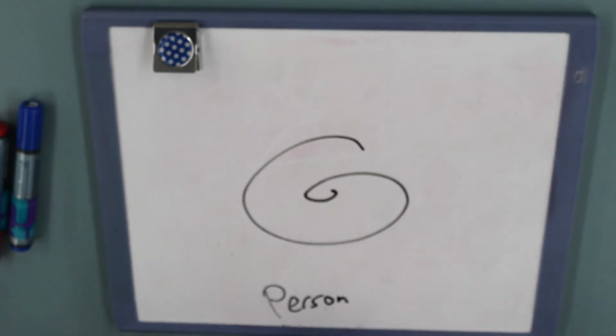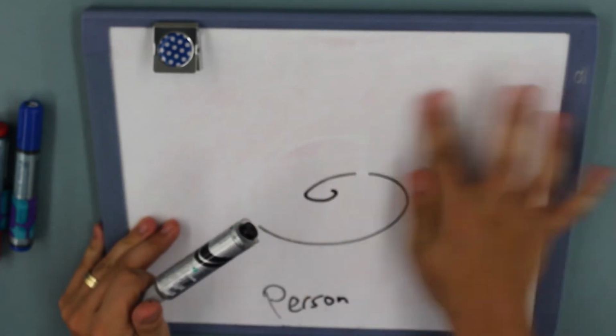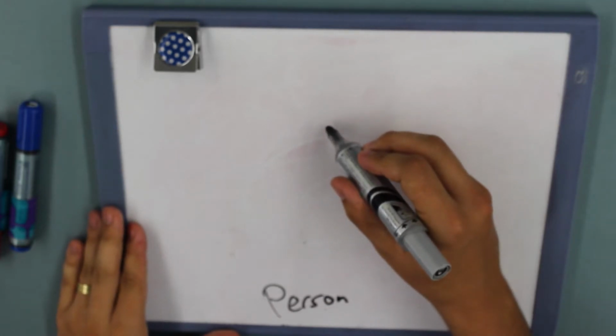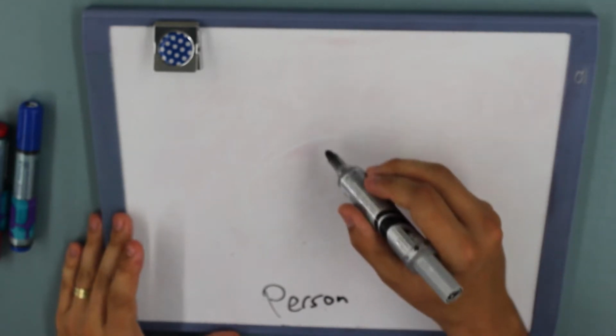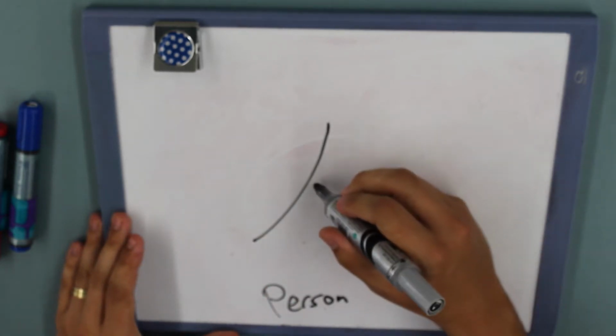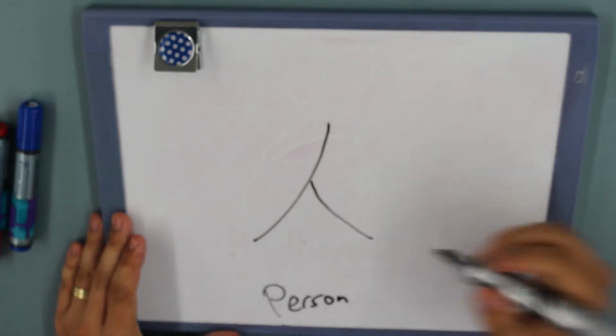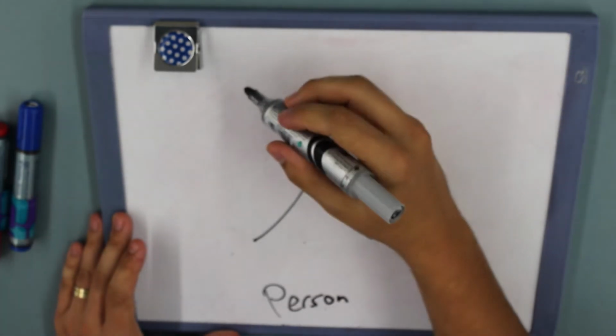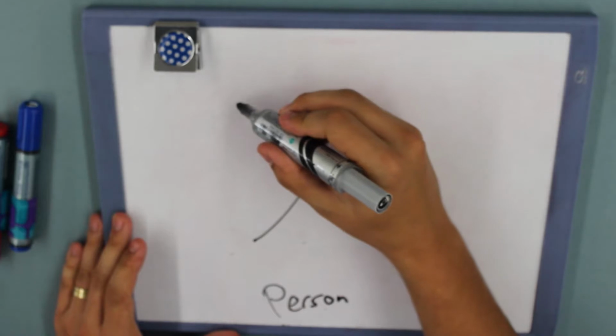Okay, so the next thing we'll be learning is jin. Jin means person and is written as such. Firstly, we have the first diagonal stroke running down the left side, then a stroke that meets in the middle on the right side. Now jin in the kun reading, or person in the kun reading, is pronounced as hito.